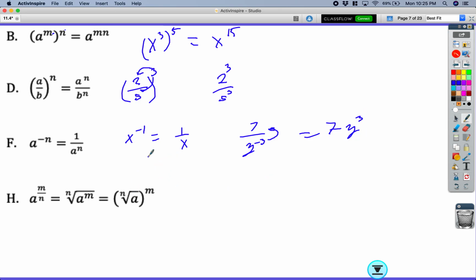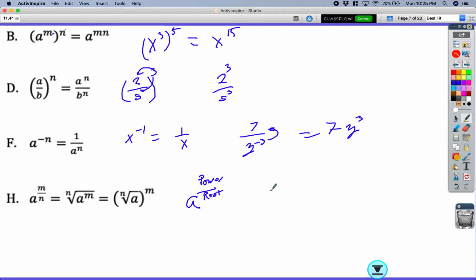Finally, one thing that we explored in this module is how to write roots as fractional exponents and fractional exponents as roots. So remember, guys, every time you have a fractional exponent with a base a, it's always the power over the root.